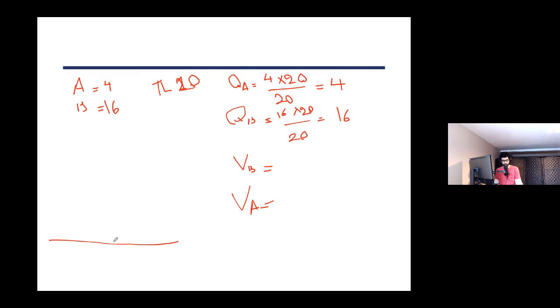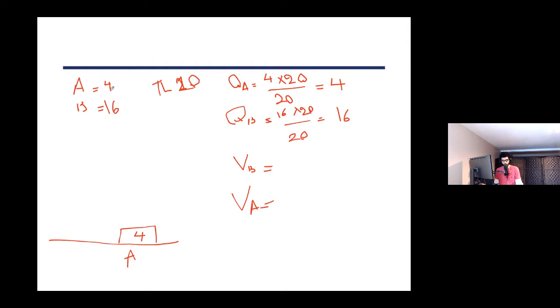Now, A gets to run for how long? For 4 seconds or 4 milliseconds, whatever the unit is. So A runs for 4. This is A's time quantum. Now, at the end of this, what is the virtual time of A? Virtual time of A is actual time of A divided by its weight.